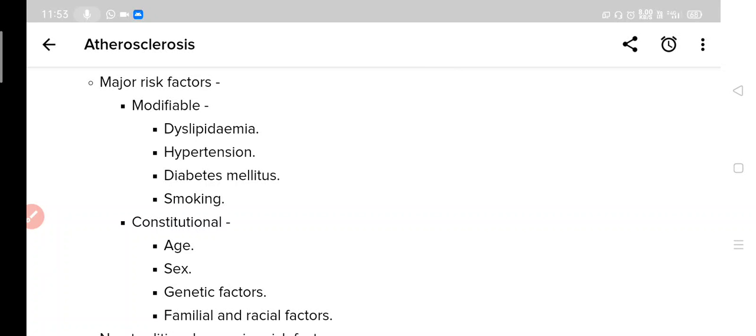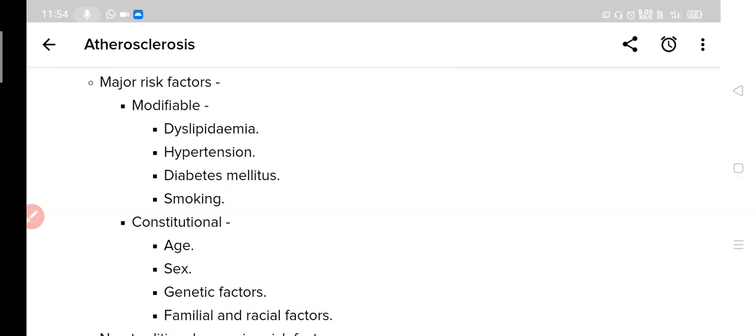What are they? Those associated with the physical constitution or makeup of a person, which you cannot change, like age, sex, genetic factors, familial and racial factors. These are associated with a person from birth.